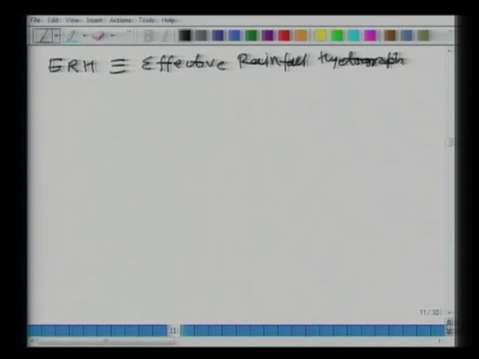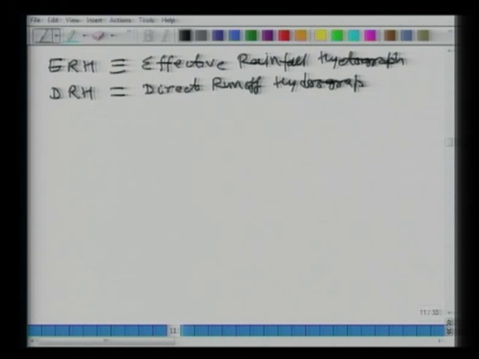Right, and this gets converted into what is called a DRH, which is direct runoff hydrograph. Okay. How do we find the direct runoff hydrograph given an ERH? All right, there are various methods.